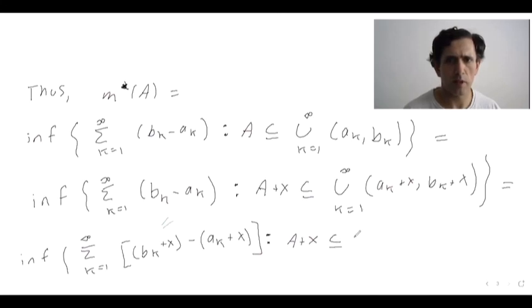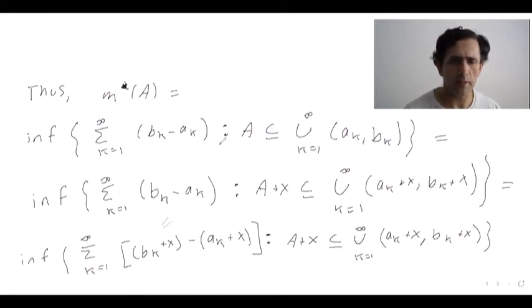I forgot the k equals 1 here. So ak plus x, bk plus x. Okay, and last but not least, let me get rid of this here.